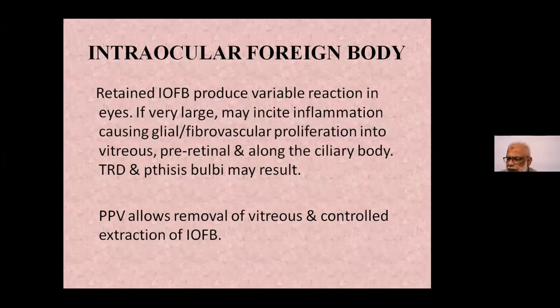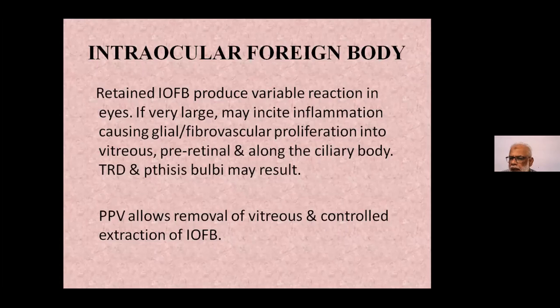These two actually cause chemical injury when they remain in the eye. The iron and the copper get incorporated chemically into the retinal cells and cause serious malfunction at the cellular level. And even though you may remove it and the retina may become flat, one can still sustain chemical injury through intraocular foreign body. And the two most important metals are iron and copper.